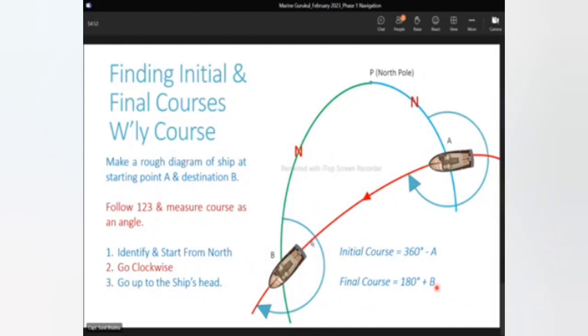The inner angle B is known to us. From the great circle track, that is from the ship's stern up to the ship's head, is 180 degrees. So again, if you follow this method, the final course comes to 180 plus B. Okay, so now you can have a good look at the diagram and you can ask me your doubts better.